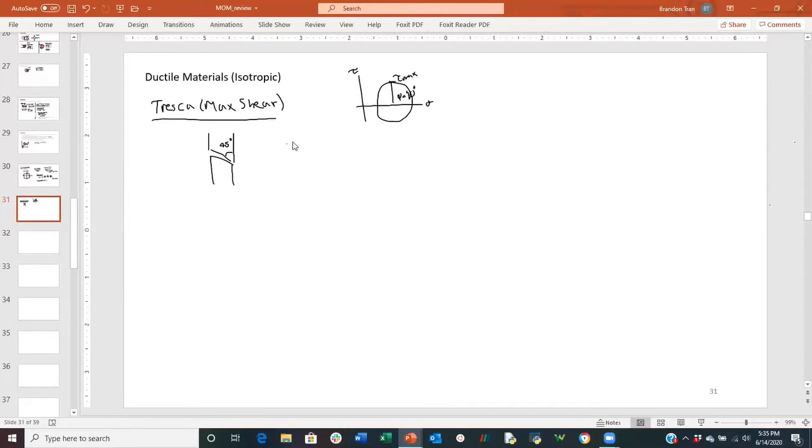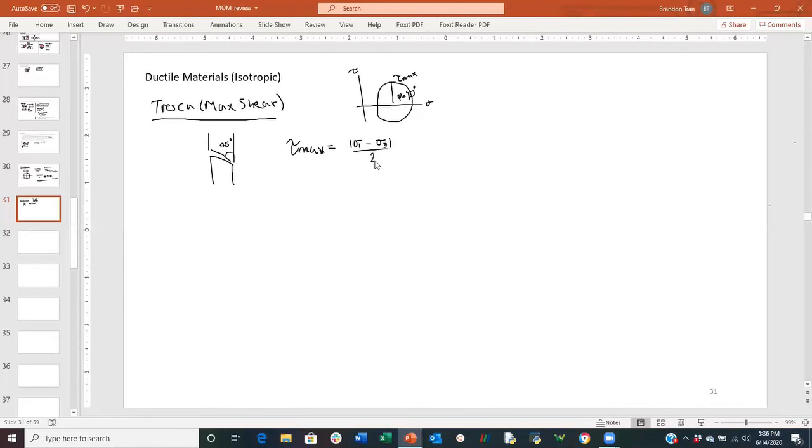So essentially, we find our tau max, and I'm going to rewrite this because I think I wrote this earlier. Absolute value of sigma 1 minus sigma 3. For completeness' sake, if this is a 3D model, it would be sigma 1 minus sigma 3, sigma 3 being the smallest principal stress, sigma 1 being the highest. For a 2D case, this would be sigma 2.